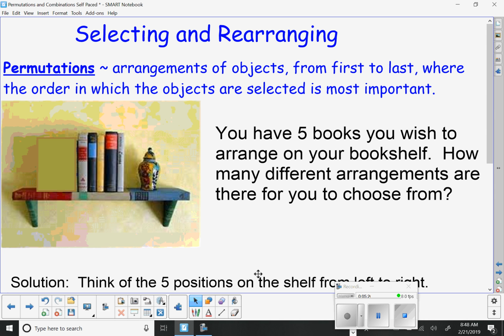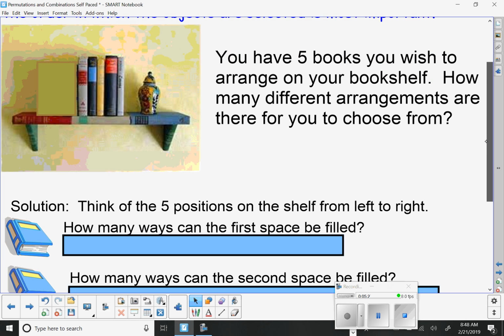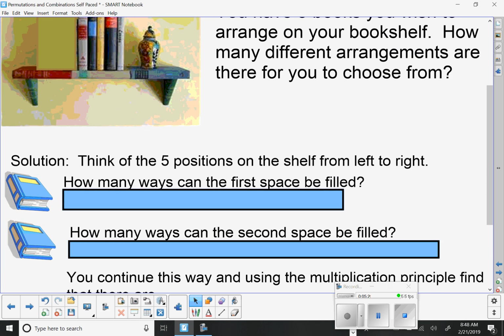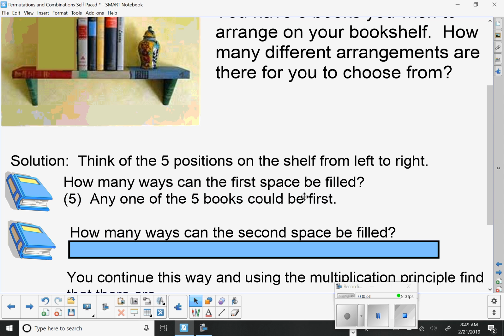So you have 5 books you wish to arrange on your bookshelf. How many different arrangements are there for you to choose from? Well, think about this. You have 5 positions from left to right. How many ways can the first space be filled? Well, if you have 5 books, any one of the 5 books could be first, so you have 5 different options.